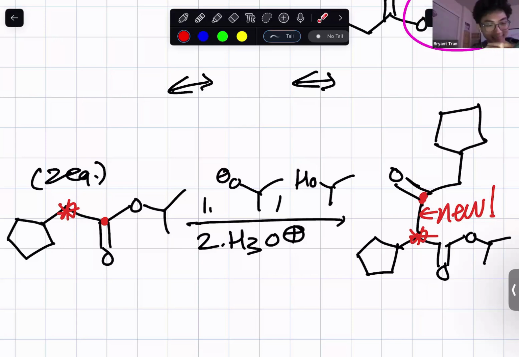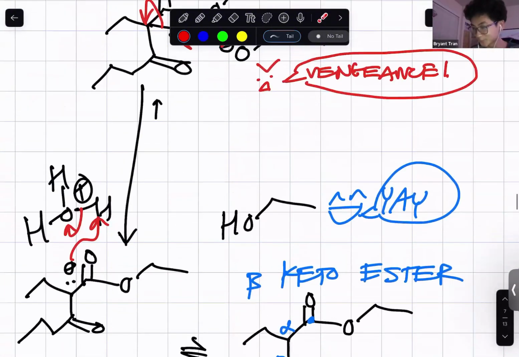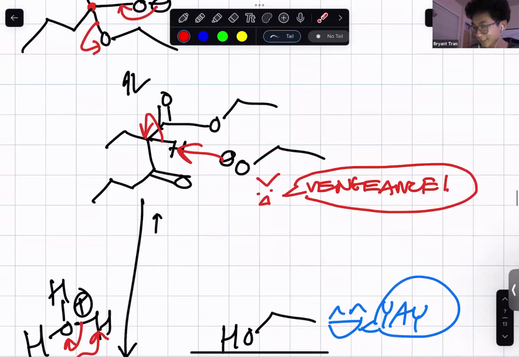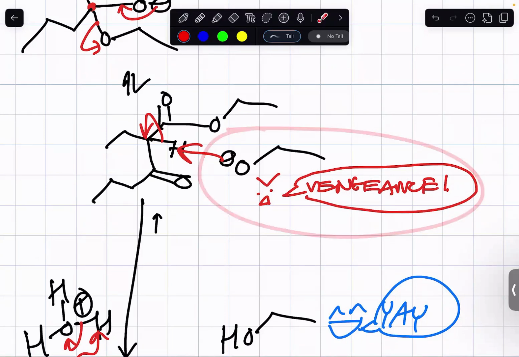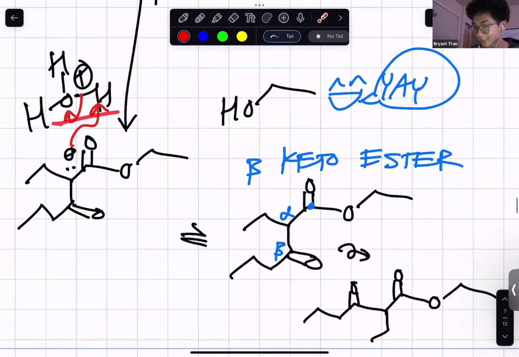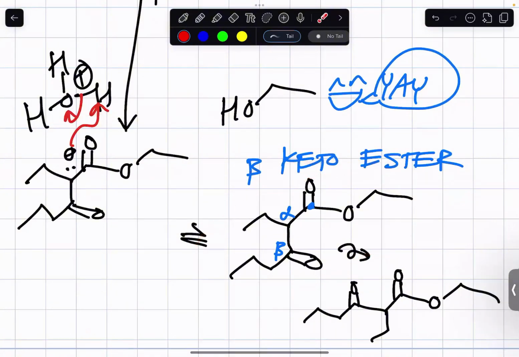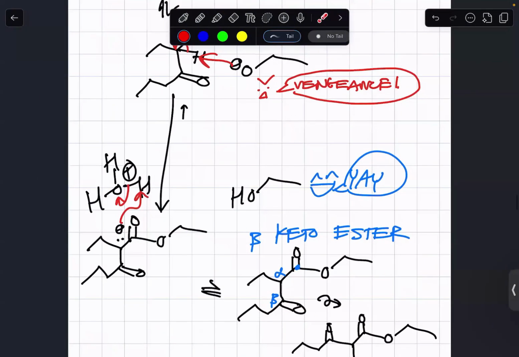Okay, and then after that, I show the arrow going down and kicking out that group? Yes. And then that group would be very angry. Oh, and then that's when I do the acid workup. Right, after you deprotonate the alpha carbon in between the two carbonyls, and then you do the acid workup to get to the final answer. Yes. Okay.